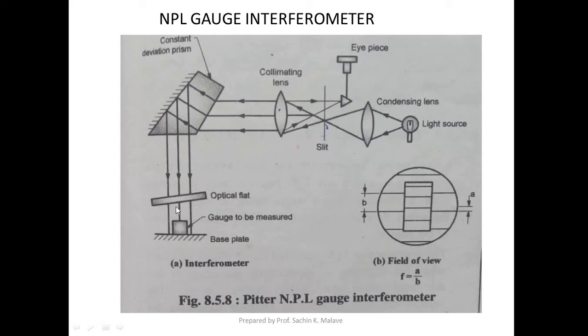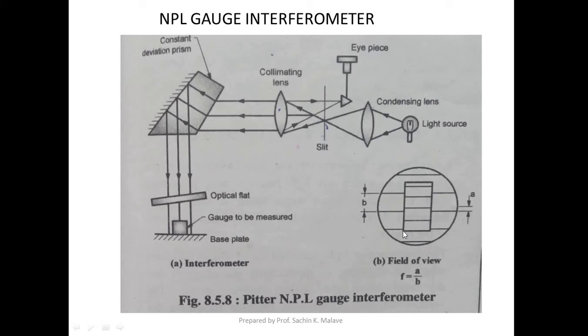One set of fringes is because of the air gap between the optical flat and the top surface of the gauge. That will be shown in a rectangle. Then we will see another set of fringes because of the air gap between the optical flat and the base plate. That fringe pattern will be shown in this circle. Now the fringe pattern will be seen like this.